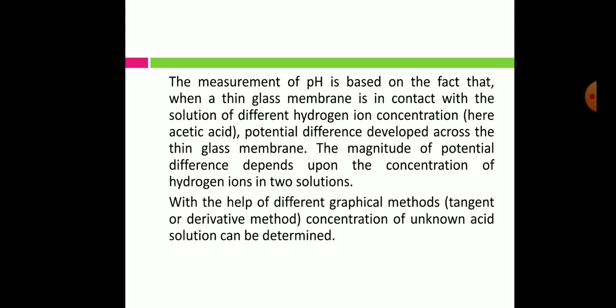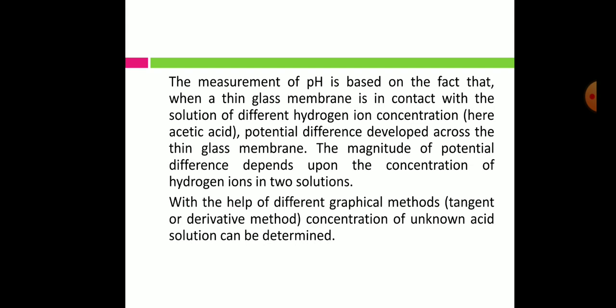Let me repeat it. When we start adding NaOH into the acid solution, the pH starts increasing gradually. Then when we are about to reach the equivalence point, or in the range of the equivalence point, there is an abrupt increase in the pH, and after that abrupt increase, again there is a gradual rise.